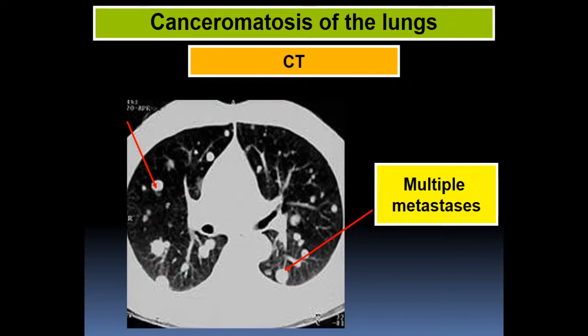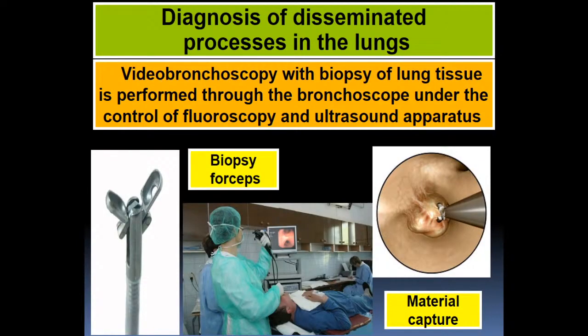For example, we can do ultrasound investigation or CT scan investigation of the abdominal cavity or pelvic organs, and can find the main tumor. It will be confirmation of the diagnosis. Other methods for confirmation of diagnosis: video bronchoscopy or video thoracoscopy with biopsy.